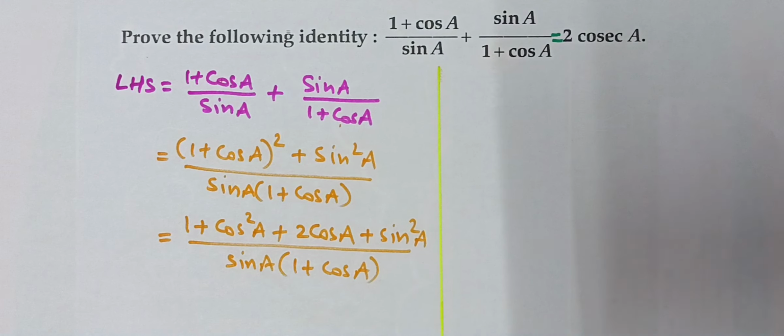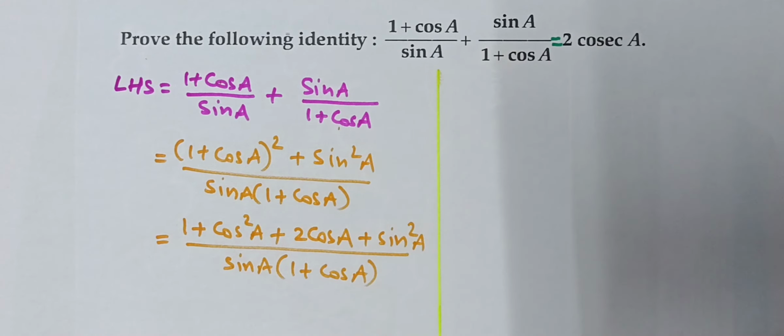So sin A (1 + cos A). After this step, in step number 3, you can observe that in the numerator, cos square and sin square both terms are there. So we can apply the first square relation. Which square relation? cos square theta + sin square theta = 1.